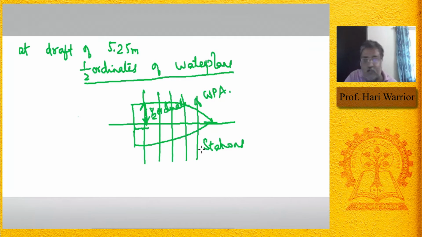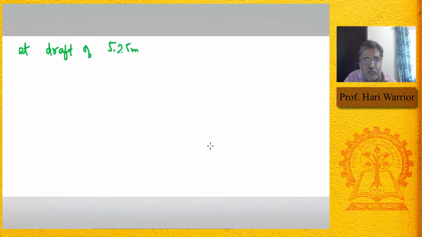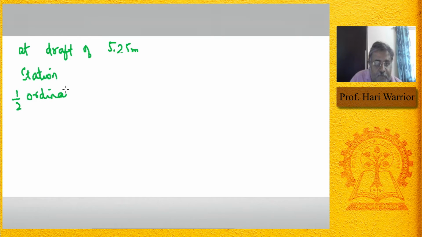Now let us see what the table gives. You need the table. So it comes like this. Station and half ordinate.